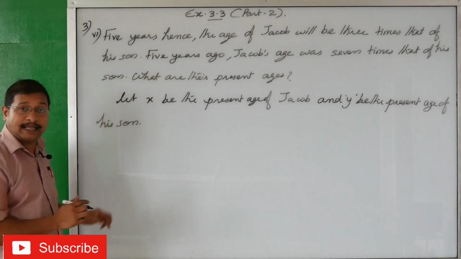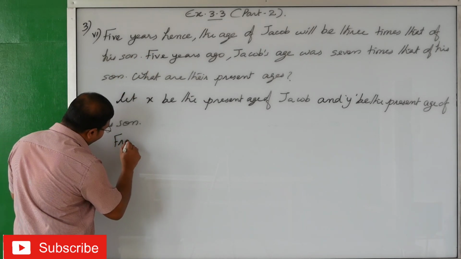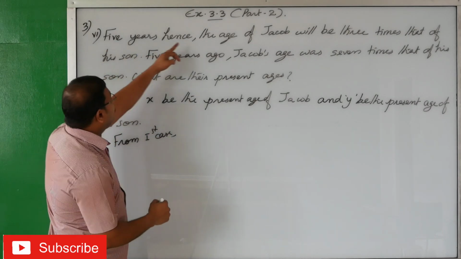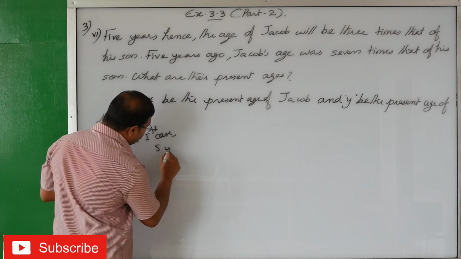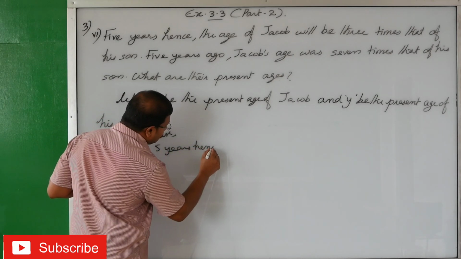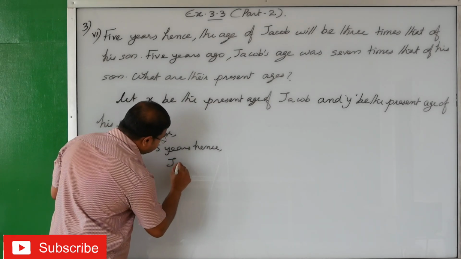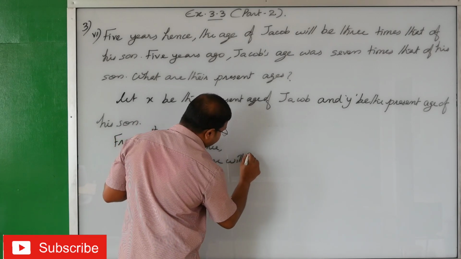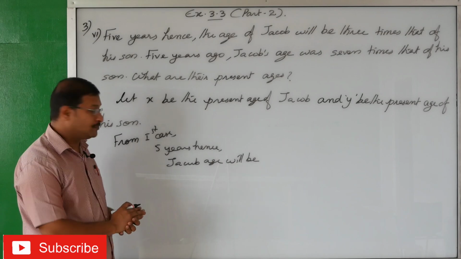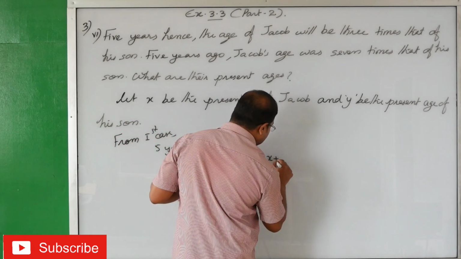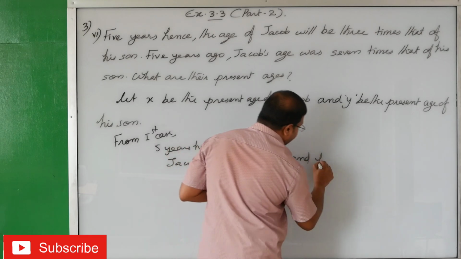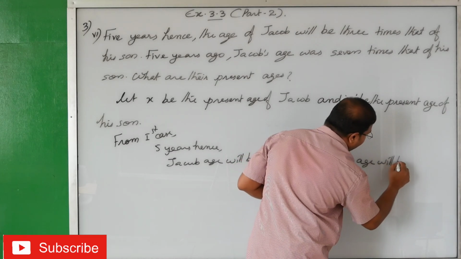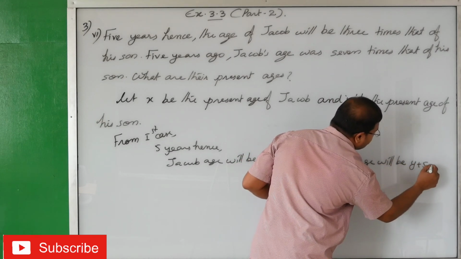See, 5 years hence means after 5 years. Jacob's age will be X plus 5 and his son's age will be Y plus 5.